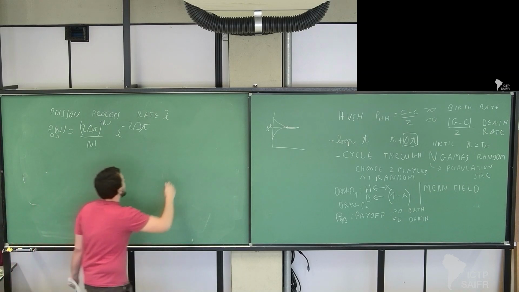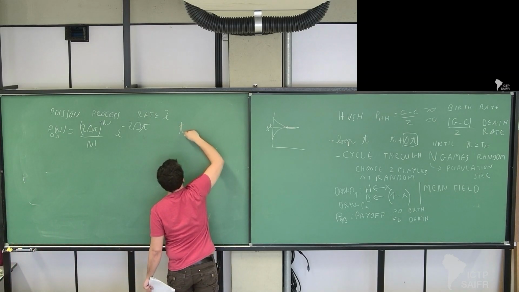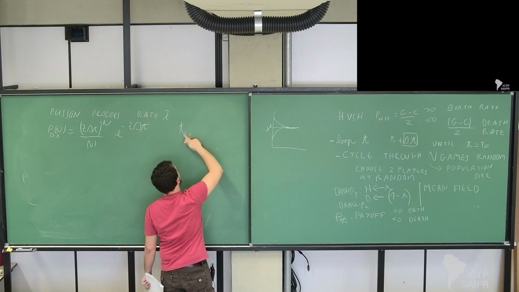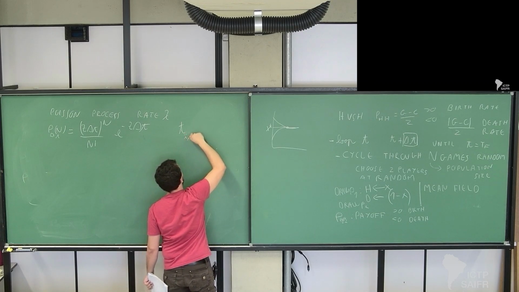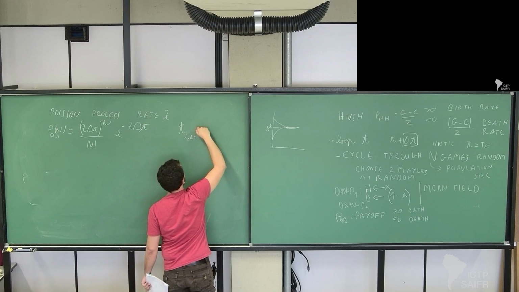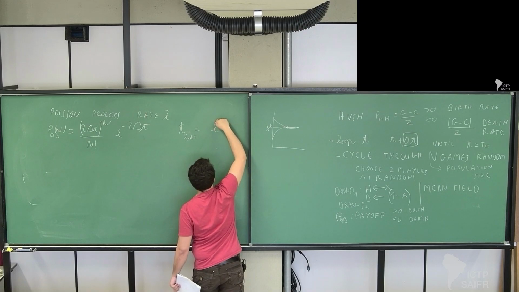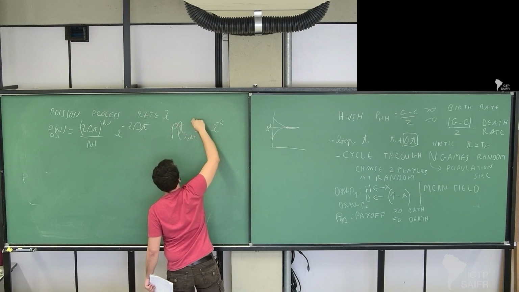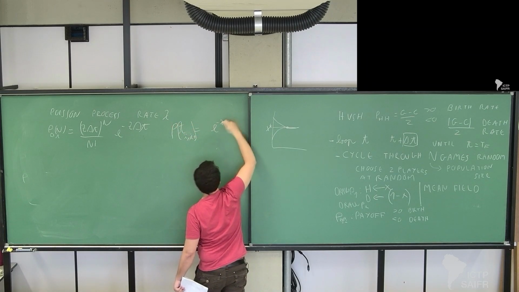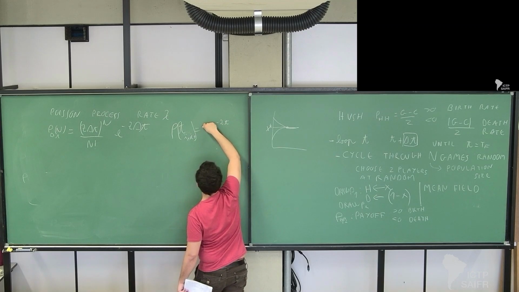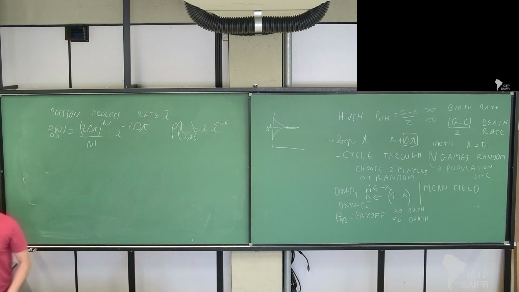So the time between event i and event i plus 1 is distributed, and I always mess up the normalization here, but it's distributed as e to the minus lambda t, and this should be lambda, I think, or 1 over lambda. So, yes.